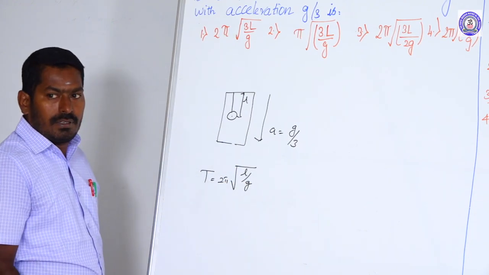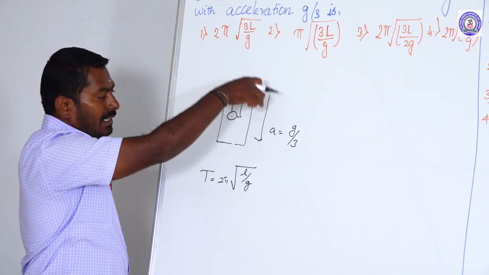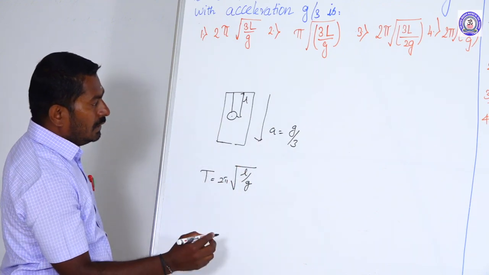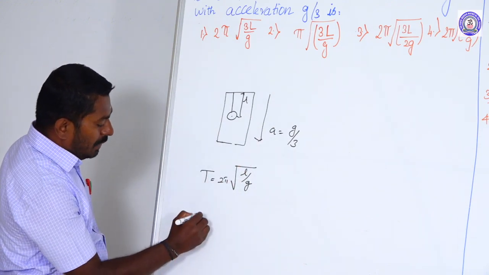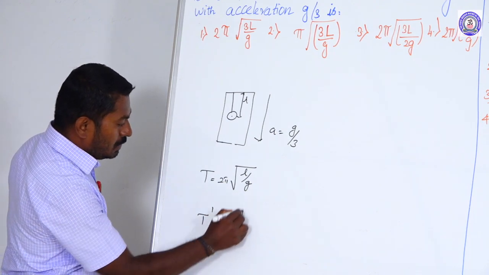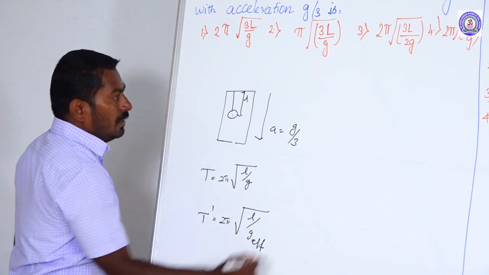g. Now the elevator accelerates with the constant acceleration along the downward direction, a is equal to g divided by 3. Then the new time period of oscillation of the simple pendulum t prime is equal to 2 pi square root of L divided by g effective.